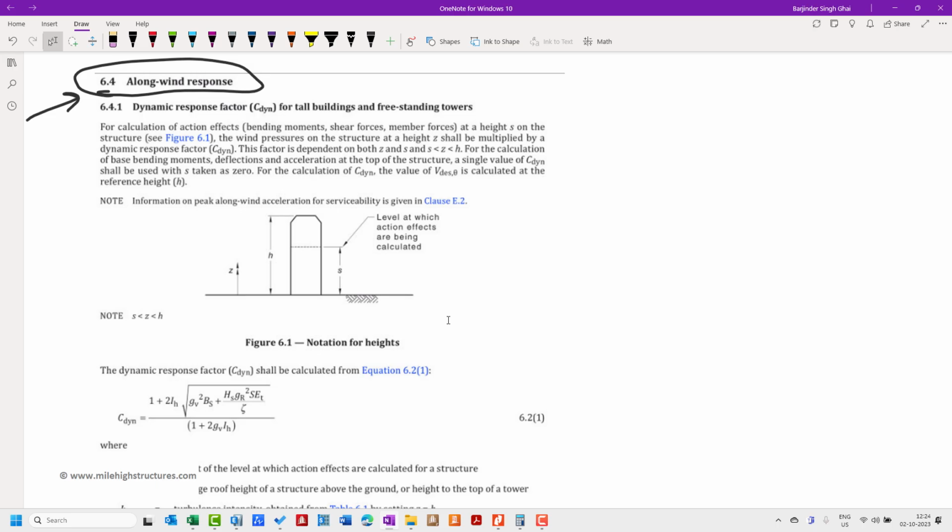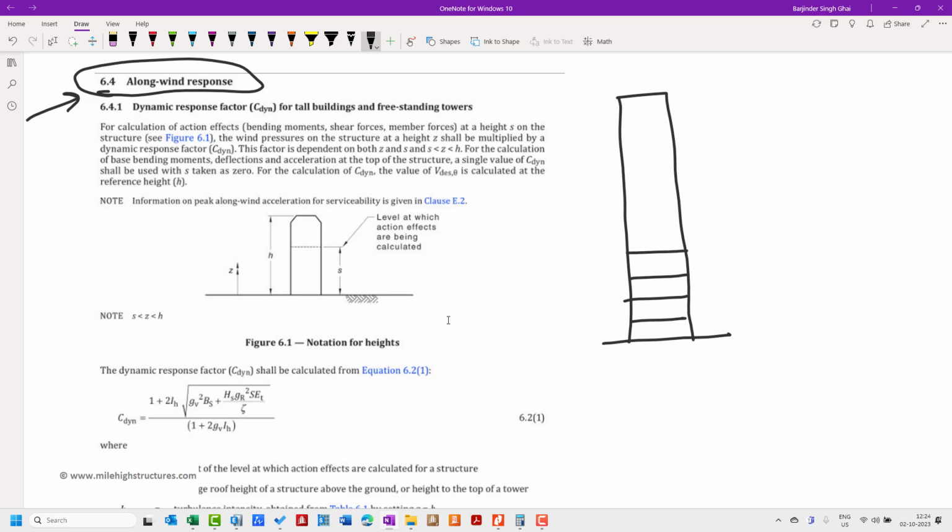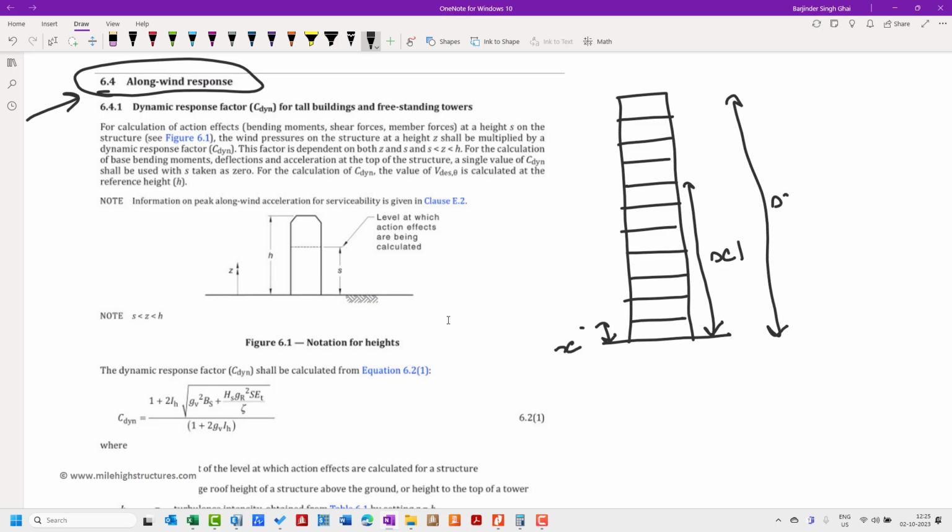Now the first thing that you need to understand is that, let us say you have a tall building which is having, let us say, 40 floors, and you need to design this building. We need to understand that the value of the Cdyn at this height, let us say x, and the value of Cdyn at this height, let us say x1, or the value of the Cdyn at the top, let us say x2, shall not be the same for all of these different heights.